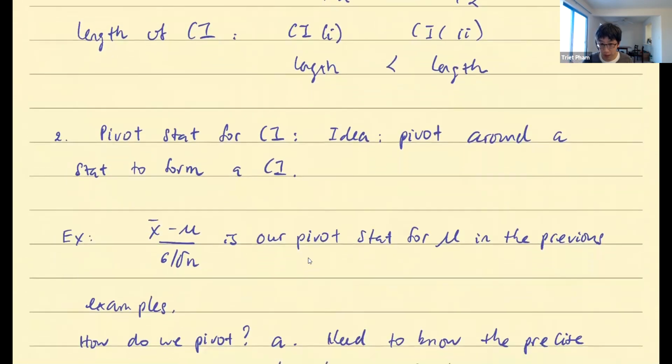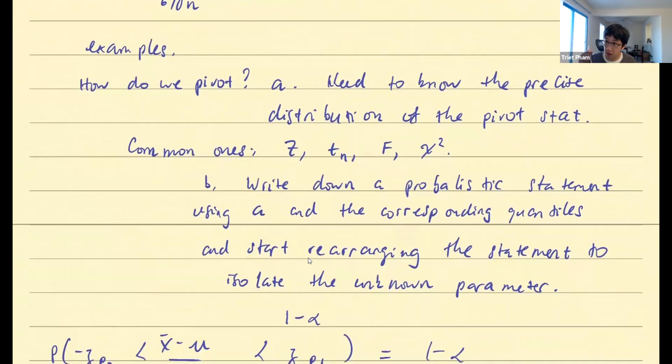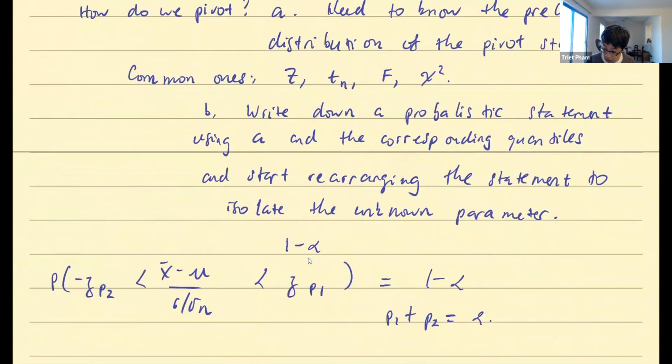The forward direction, how to find the confidence intervals, is supposedly harder, because in real life, in a new experiment, no one will tell you what the pivot random variable is. 90% of the job is to find that pivot random variable. Of course, in a class like this, A is usually given to you in some way. You have to work on B, because B is supposed to be easy, but you need experience. But 90% of the work in research, in a new question, is to find A.